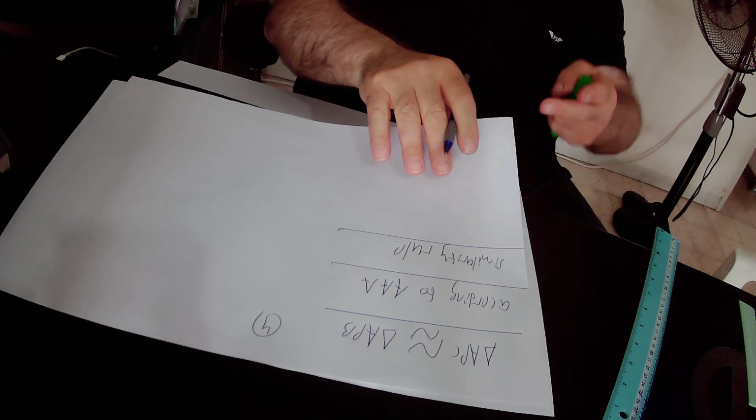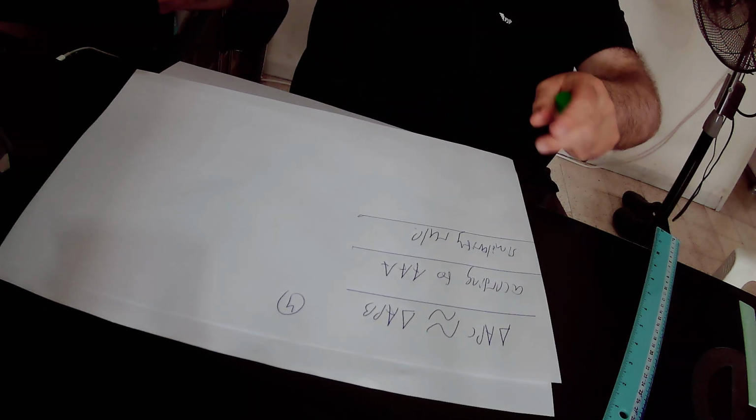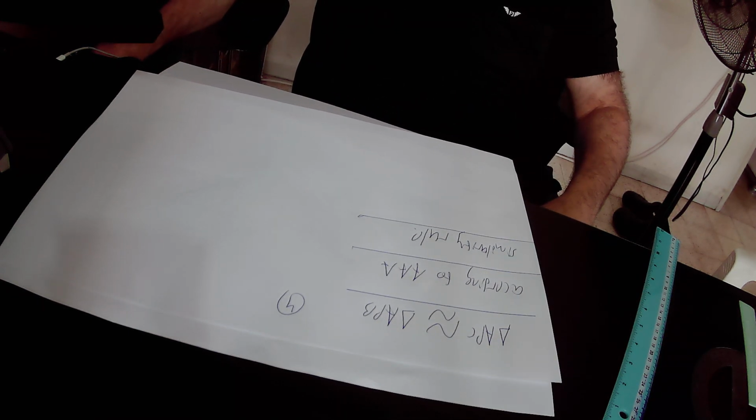And for the fact that the two right triangles are similar to each other, we will derive that the following relationship exists between their sides.